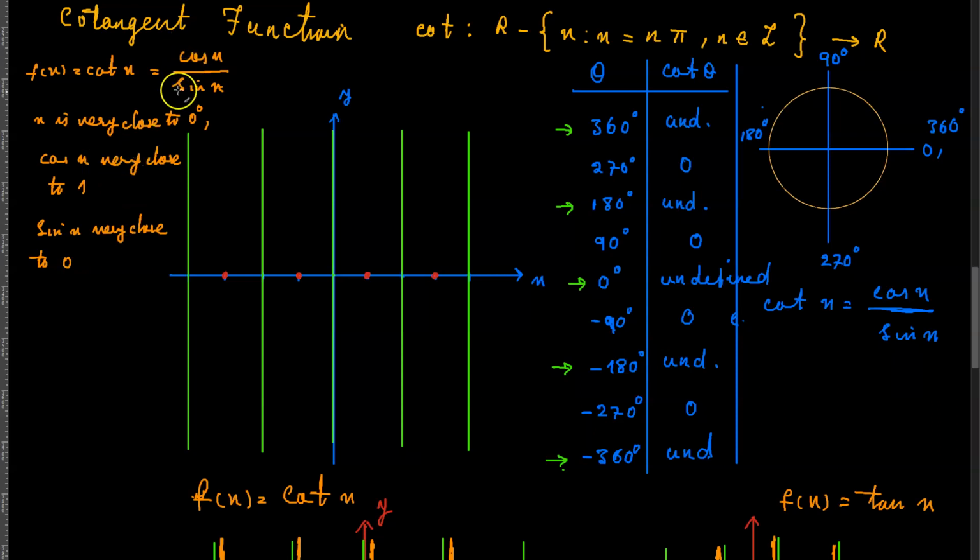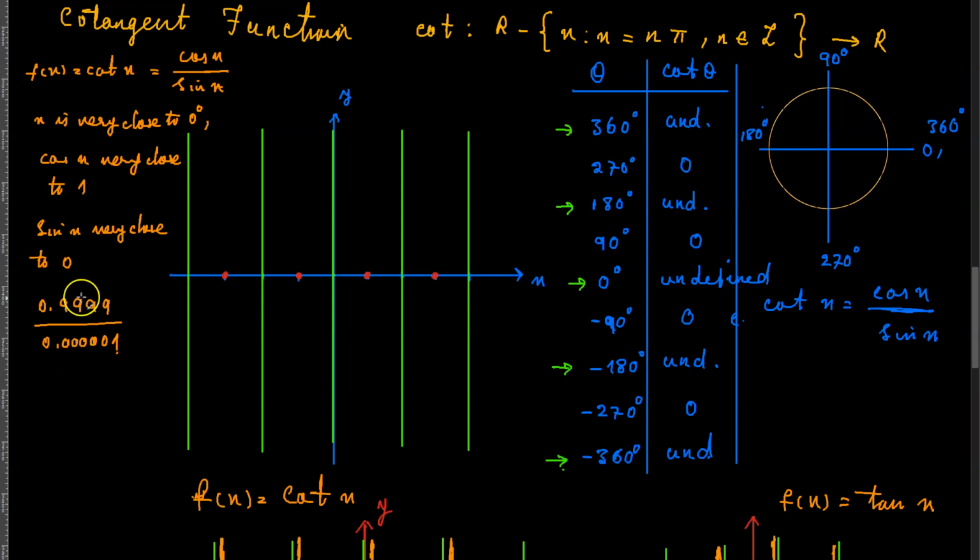So what that means is that you're dividing some value very close to 1, for example 0.9999, by some value which is very close to 0, for example 0.000001, something like that. And so you will get some large value.